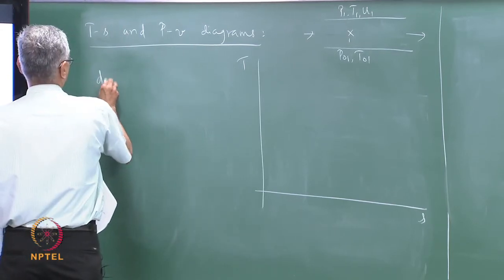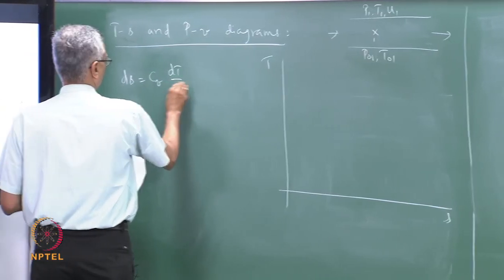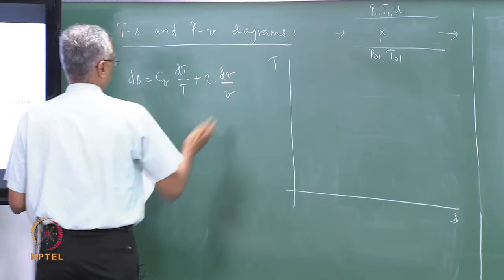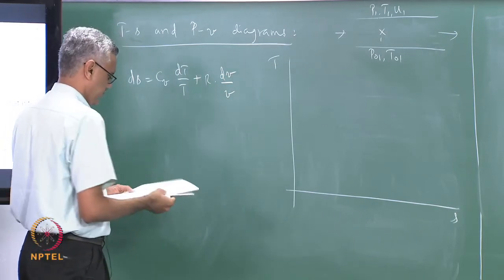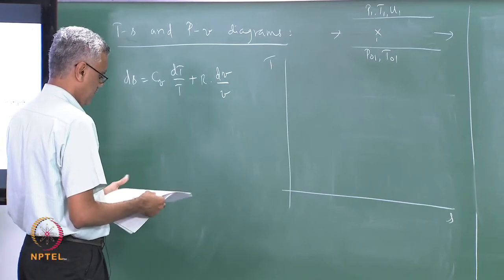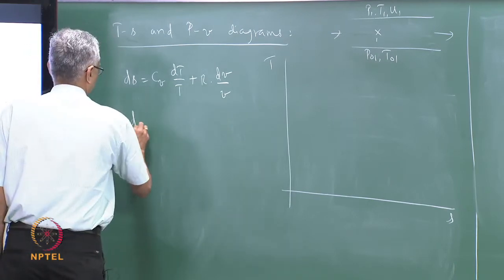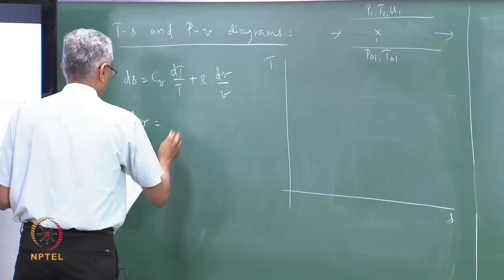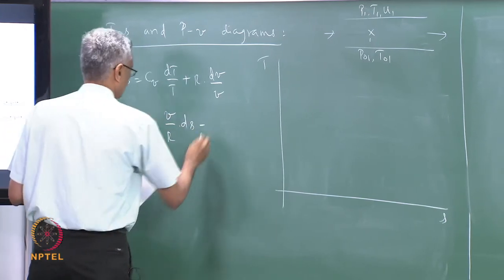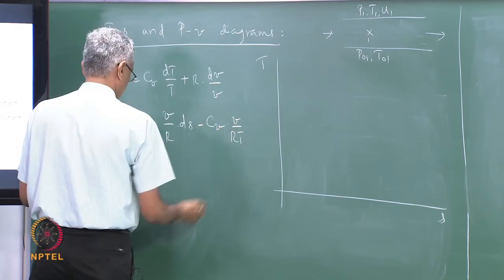If you recall, we wrote down ds is equal to Cv dT over T plus R times dV over V. Now, if I rewrite this equation like this: dV is equal to V over R times ds minus Cv times V over RT times dT.